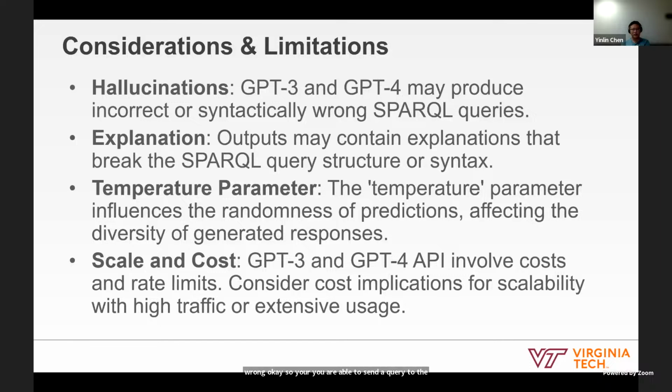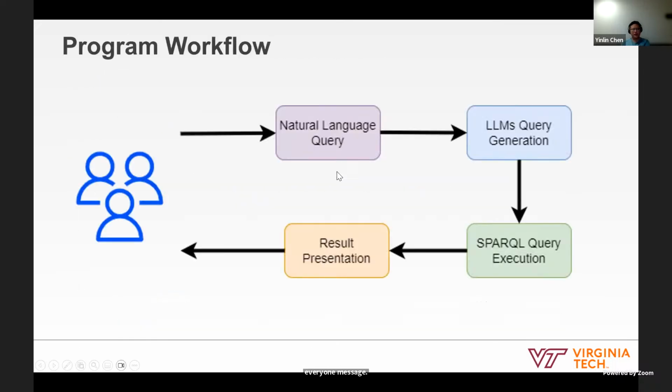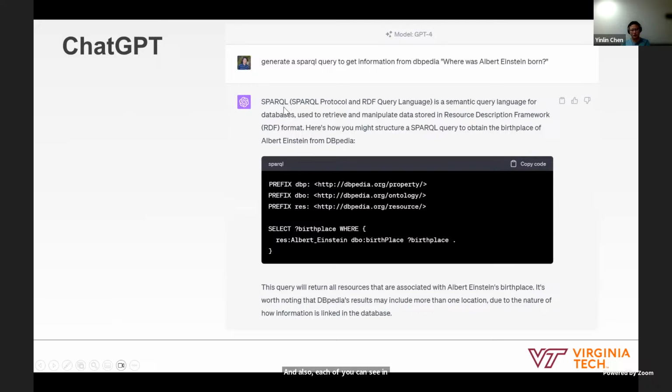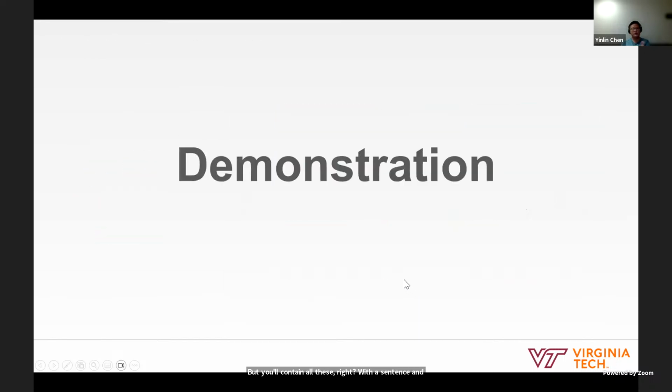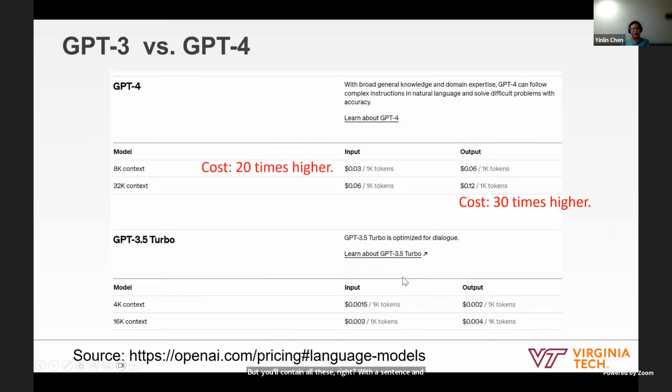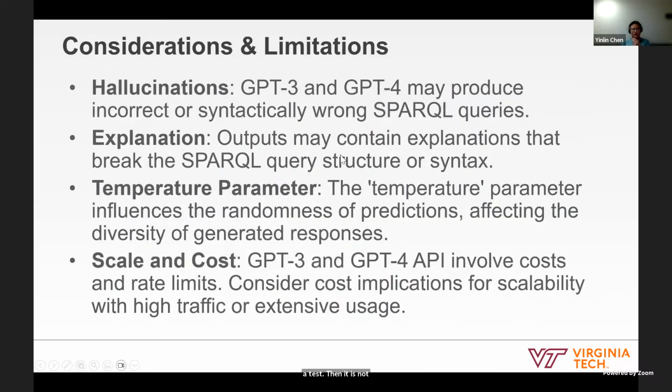You will just receive an error message. Also, usually GPT will come with explanations, containing sentences and text, then it is not a Sparkle query, so you need to handle that.